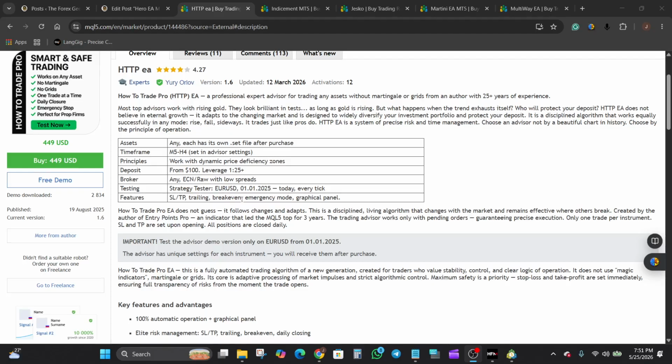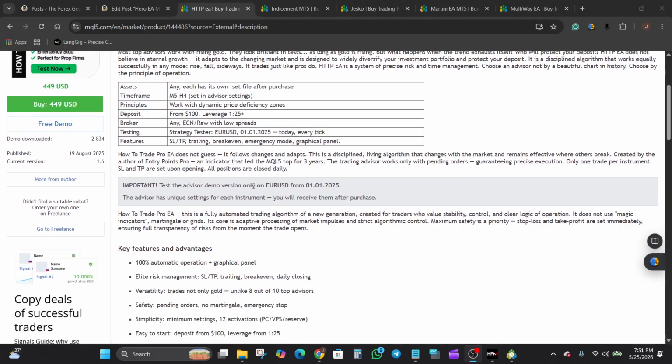Timeframes are between M5 and H4, as we can see here, and minimum deposit starts from $100 with leverage recommended from 1 to 25 and above. It also highlights that trades are limited to one position per instrument and all positions are closed daily. So there is a strong emphasis on controlled exposure and reset-based trading cycles.